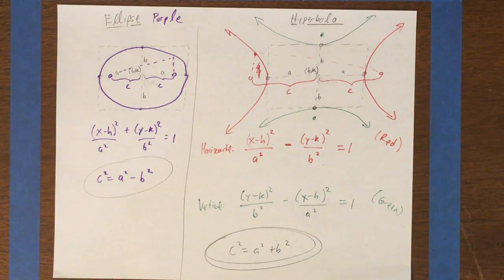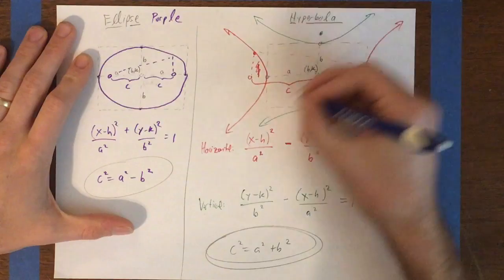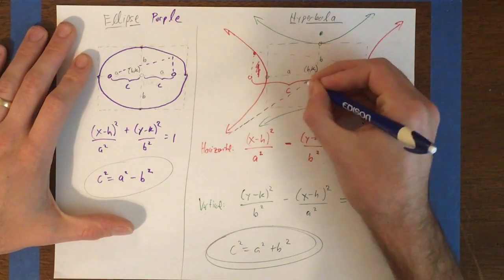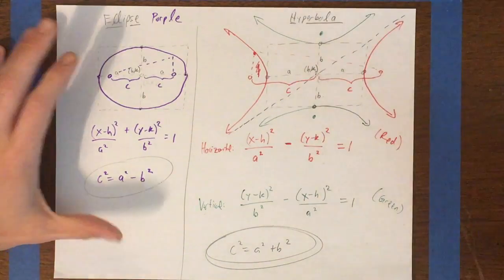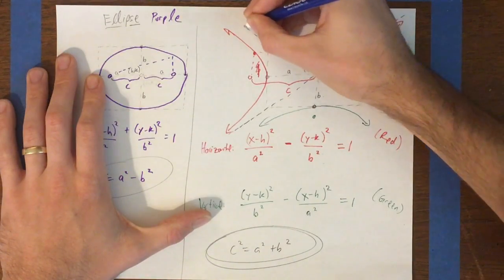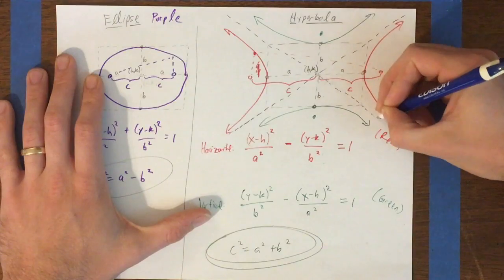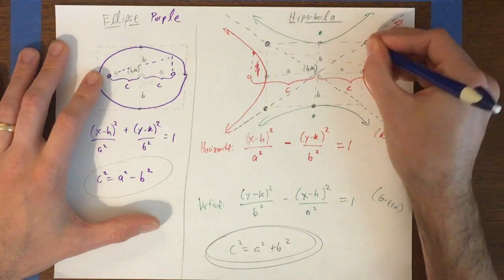Oh, there's one more thing I wanted to say about these, which is that hyperbolas have diagonal asymptotes. So I'm going to come through here and draw these diagonal asymptotes. So there's one, and there's the other. And these diagonal asymptotes pass through the center of the box and the corners of the box. So these corner points here, here, here, and here.